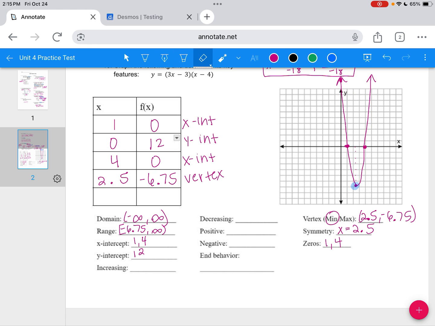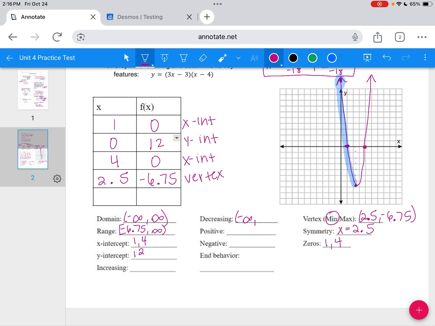Now this function starts by decreasing. So from the left side of the graph, negative infinity, all the way until right here, my vertex. So for decreasing, I'm going to put negative infinity until, and remember, we're only using x values every time other than for range.